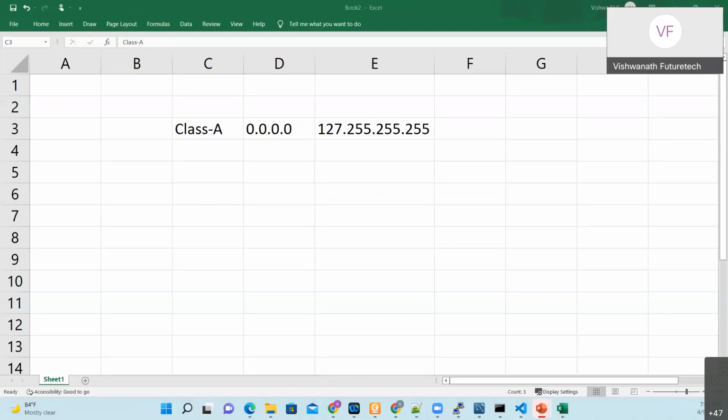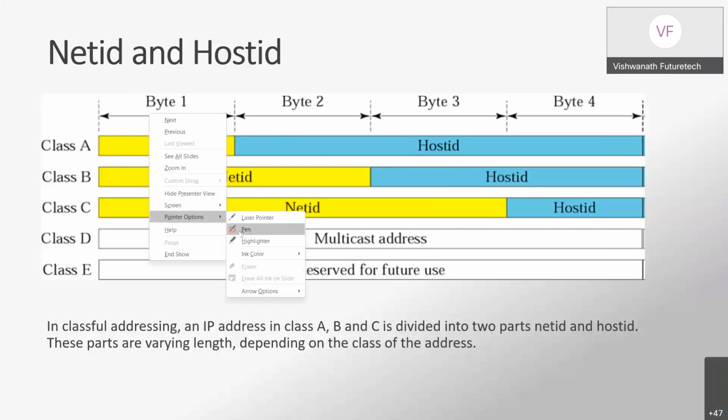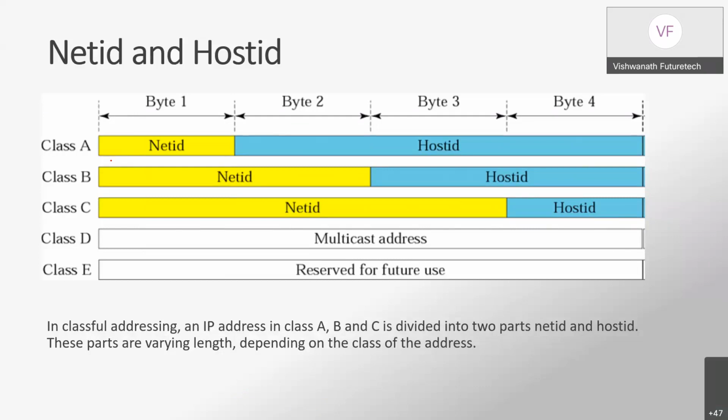But overall, in summary, for a class A, the default network portion is the first byte.